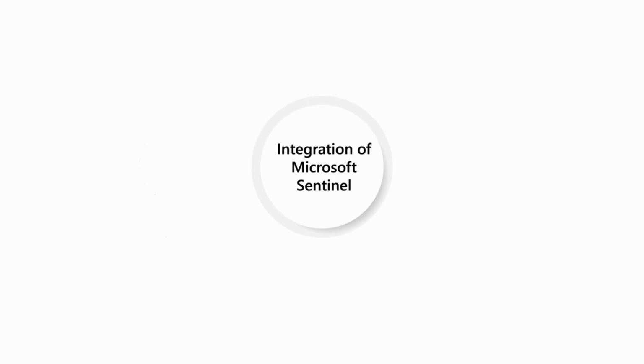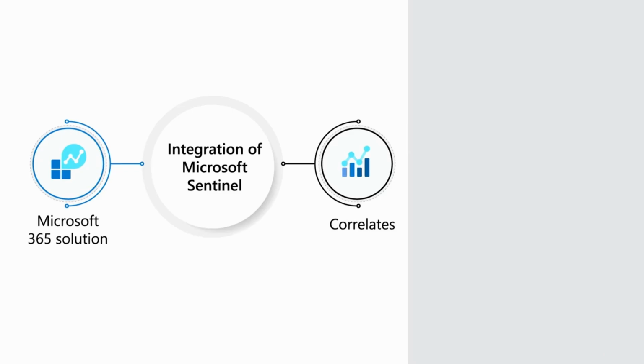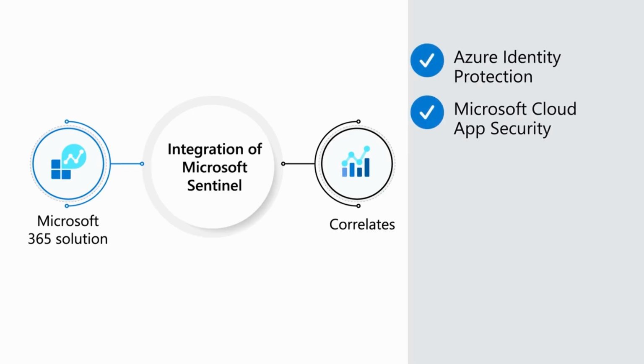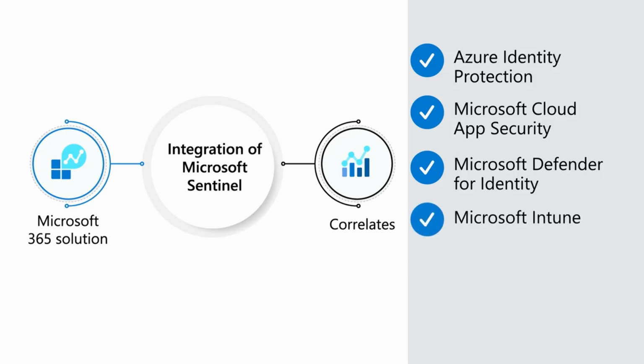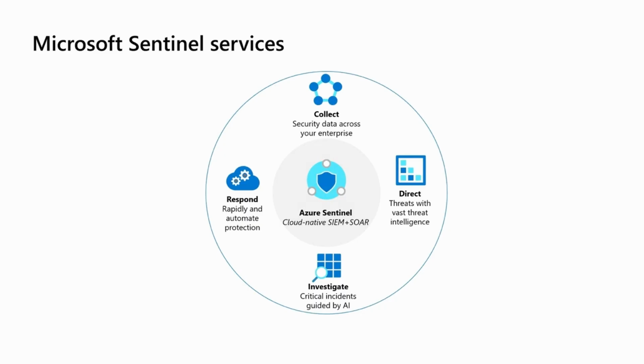Microsoft Sentinel integrates with Microsoft 365 solution and correlates millions of signals from products such as Azure Identity Protection, Microsoft Cloud Apps Security, Microsoft Defender for Identity, formerly called Azure Advanced Threat Protection, also called ATP, Microsoft Intune, and Azure Information Protection or AIP.